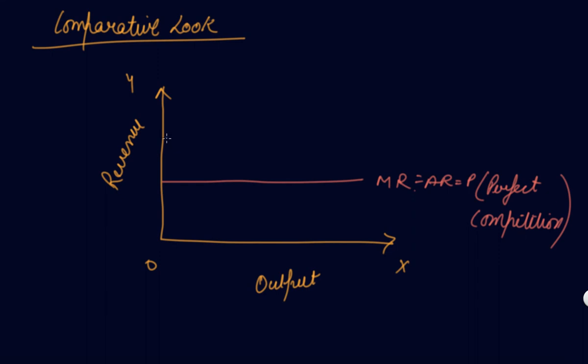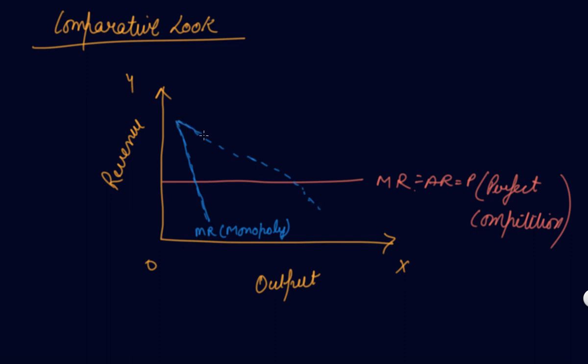Then let's take your MR curve. The MR curve will be more closer in your monopoly. Your MR curve in monopolistic is this way.